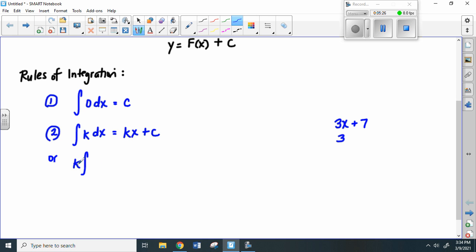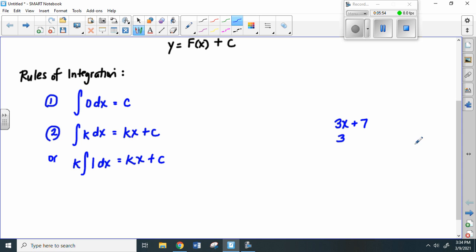If I factor the constant out of this integral, then there's a 1 dx left. So the constant stays, the integral of 1 dx is x, and then, of course, you need your plus c.